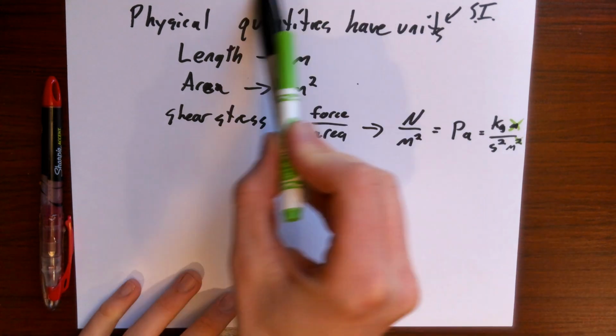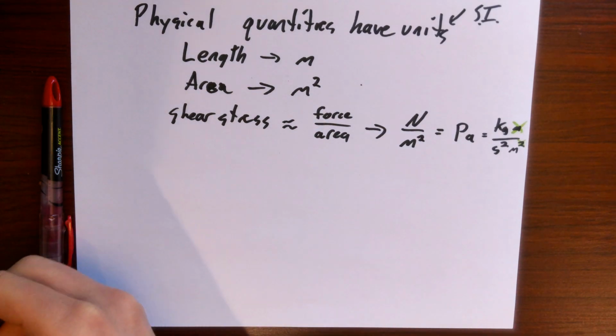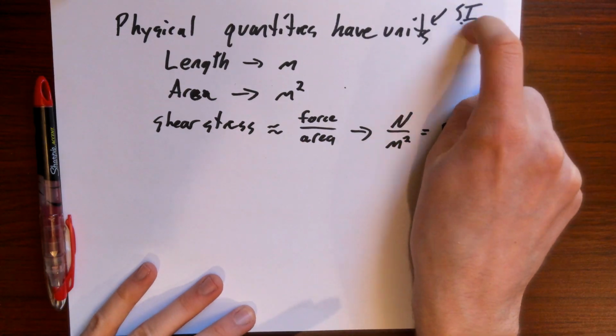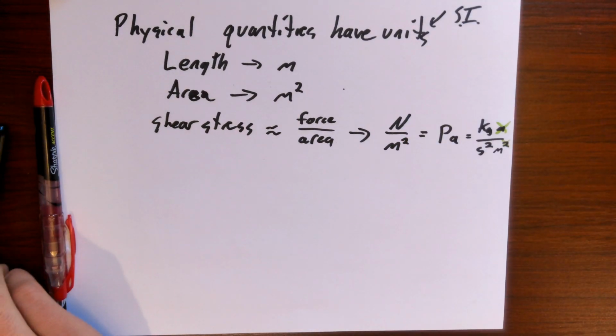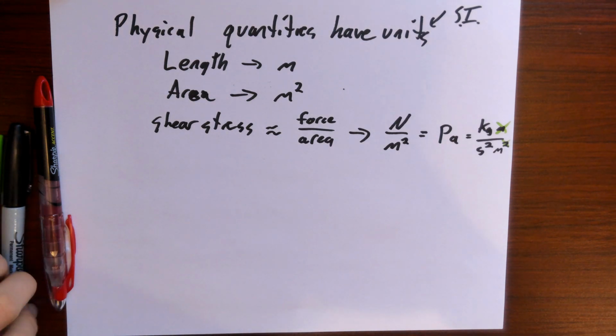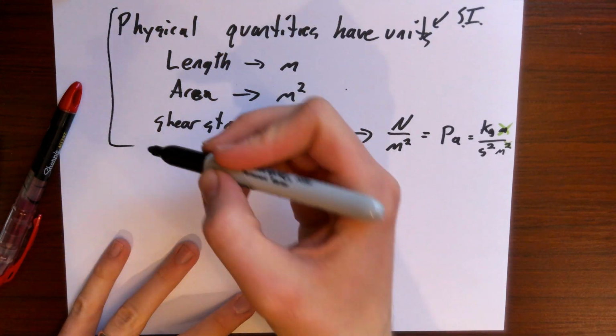All right, so physical quantities have units, and in the context of this course, we'll be talking about SI units all the time. If I think about dimensional homogeneity, how do units play into it?